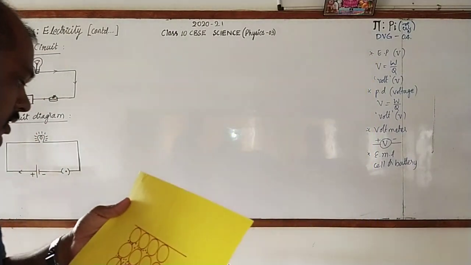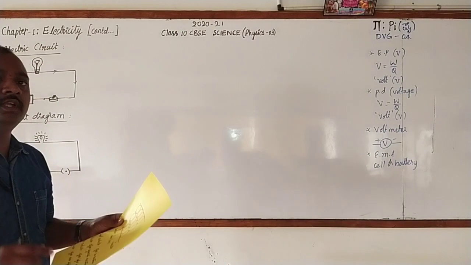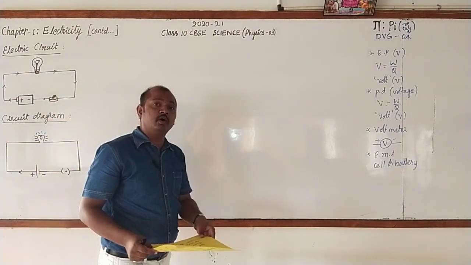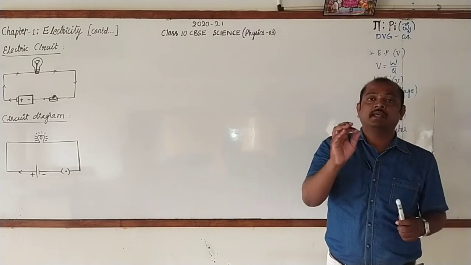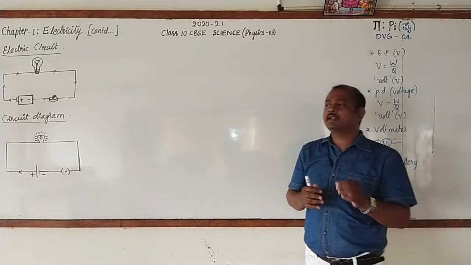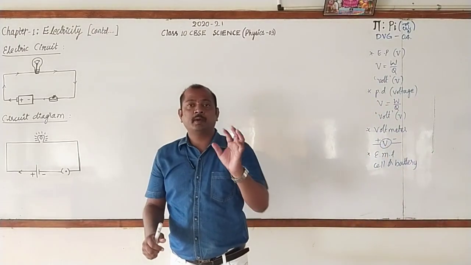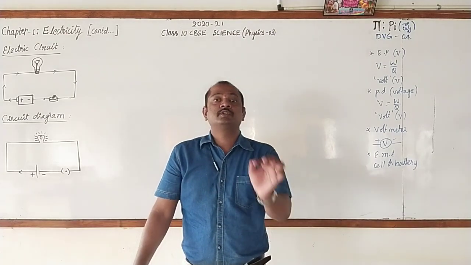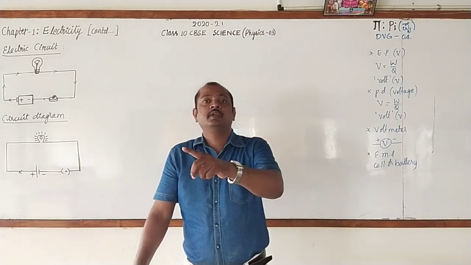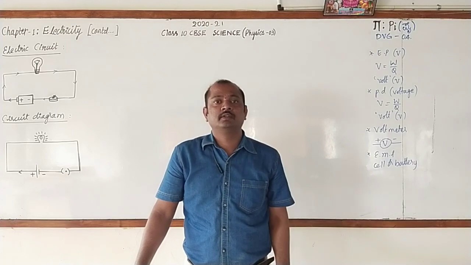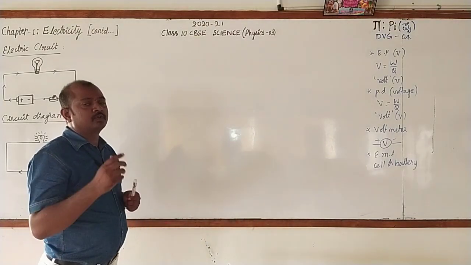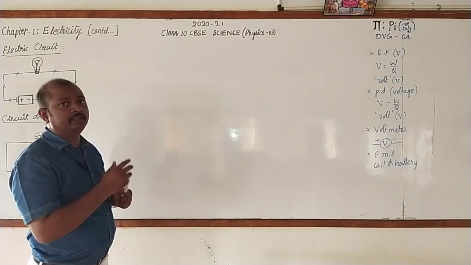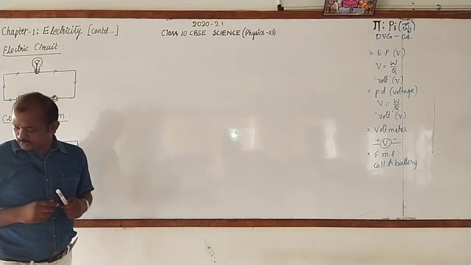This obstruction is a common property of all conductors, and we call this property electric resistance. Electric resistance means the property of a conductor which obstructs the flow of electric current through it. So let me write the definition of electric resistance.